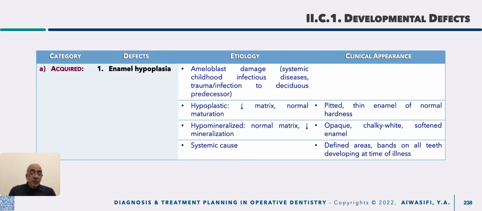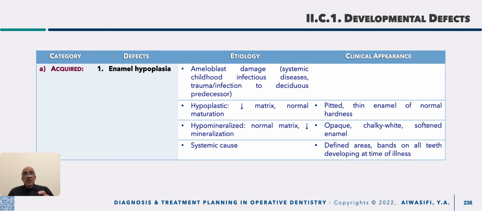Then hypomineralized enamel appears opaque, chalky white, like that of acid etching, and softened because the mineral content is decreased and the hardness is also decreased. It may be due to systemic causes, and at this time there will be defined bands on all teeth depending on the time of illness.